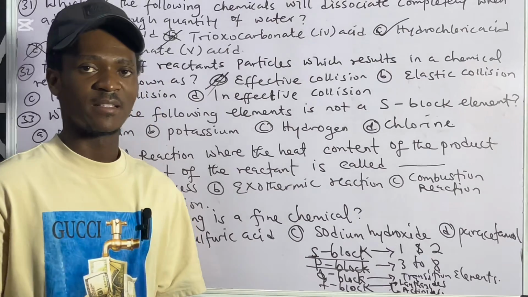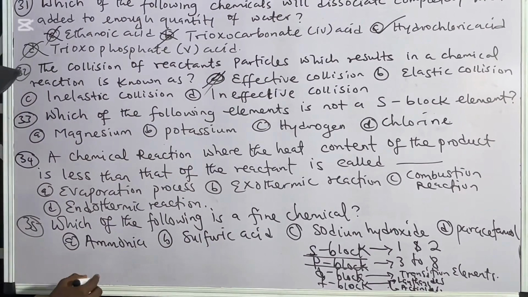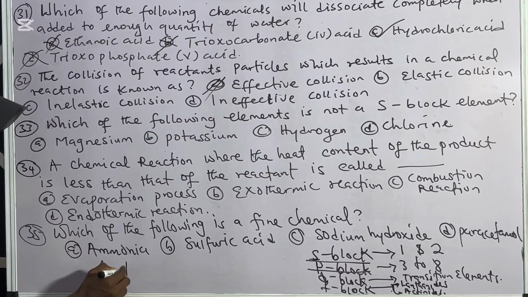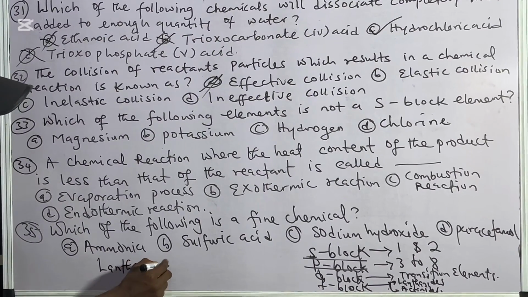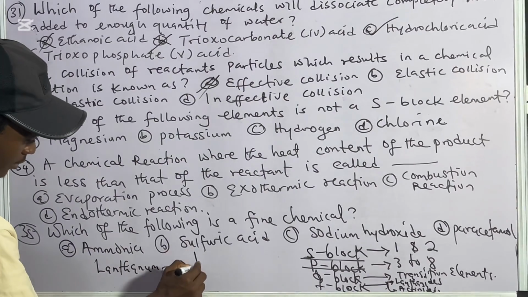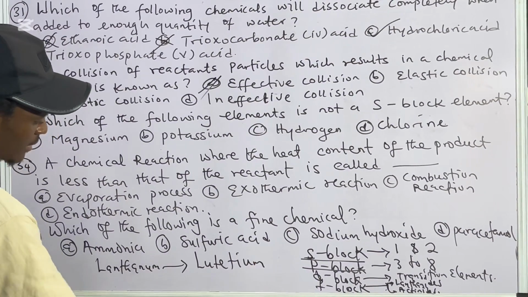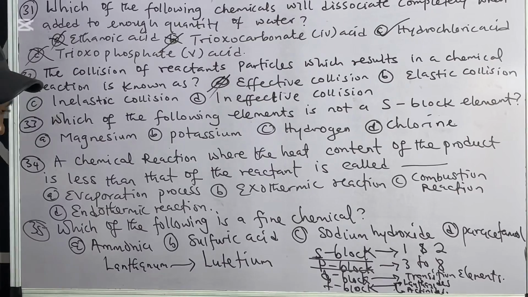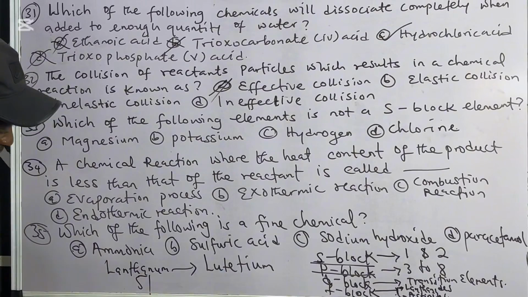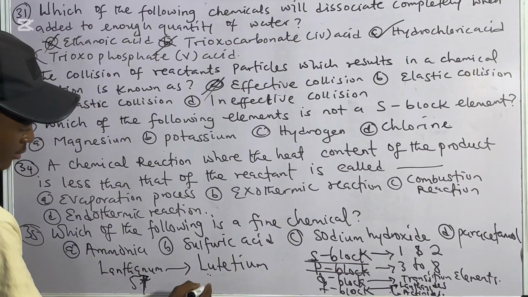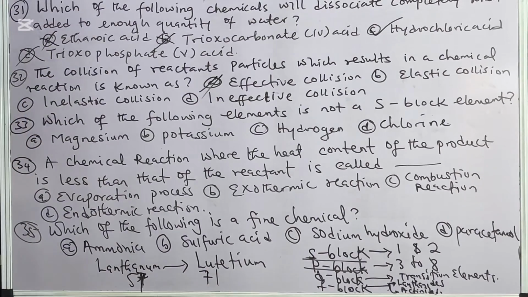When I say lanthanides, I'm referring to the period that starts with lanthanum and ends with lutetium. Lanthanum has an atomic number of 57, while lutetium is 71.